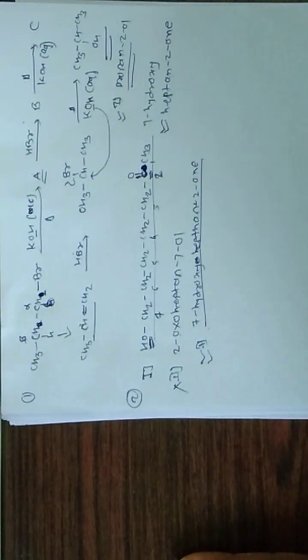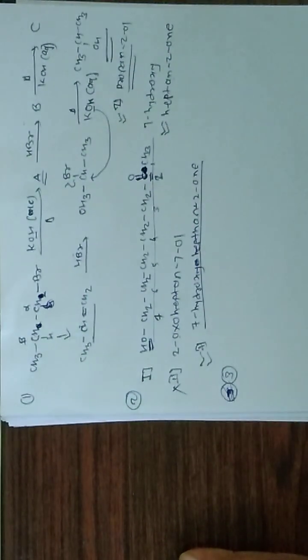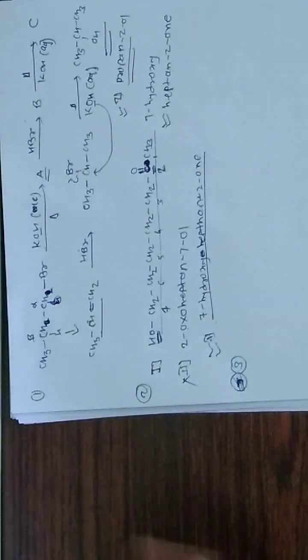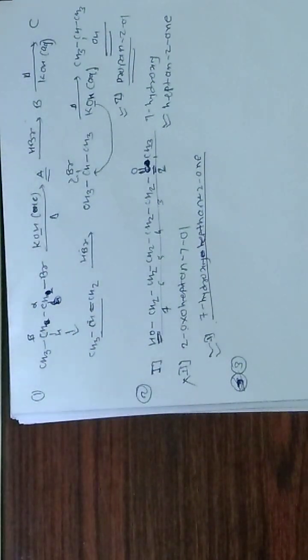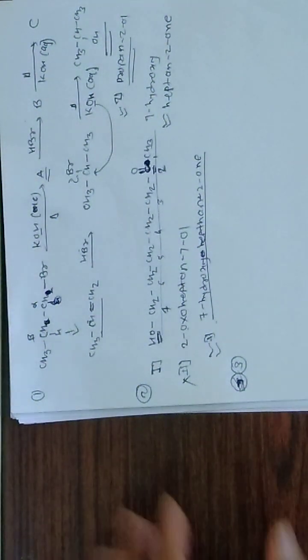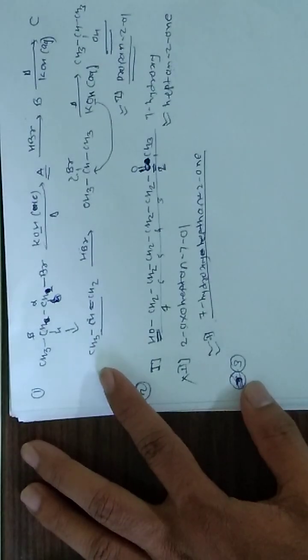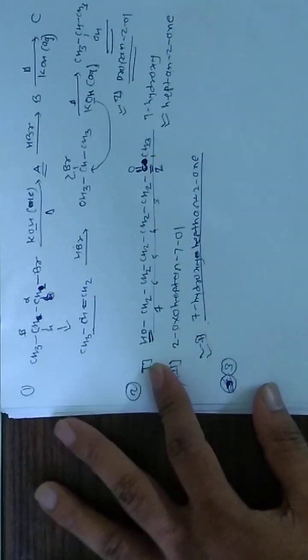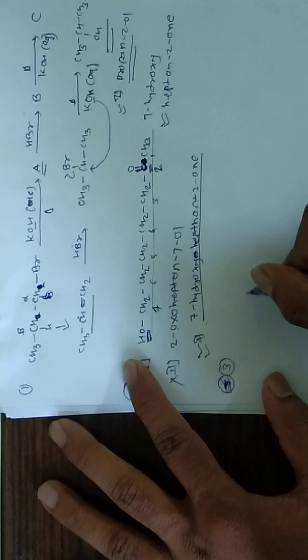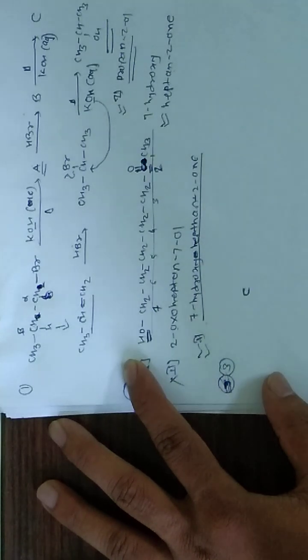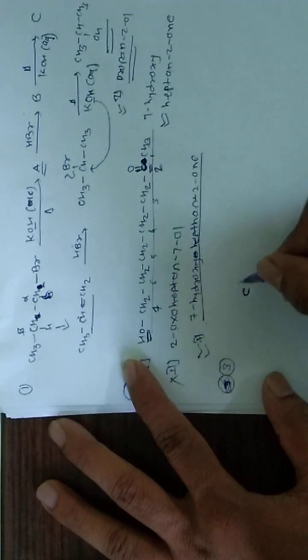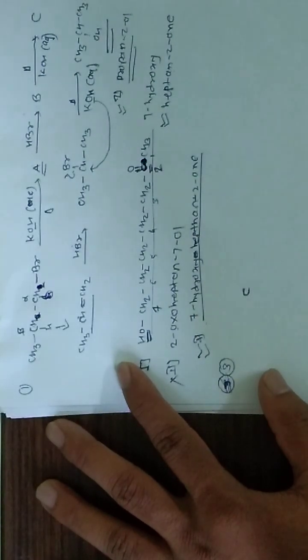Today's next question is: a species having carbon with a sextet of electrons and which can act as an electrophile is called as. What is the question? The carbon which has 6 electrons in its outermost shell.